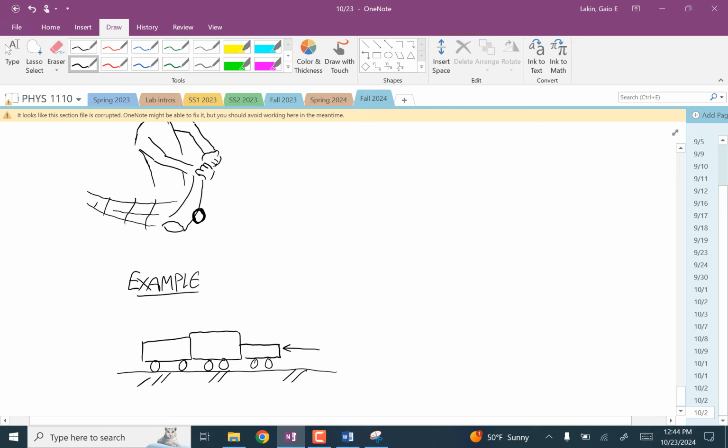And a force this way of 20 newtons. And let's say this is 5 kilograms, 8 kilograms, 2 kilograms. And let's say we want to calculate the force on the 8 by the 2.